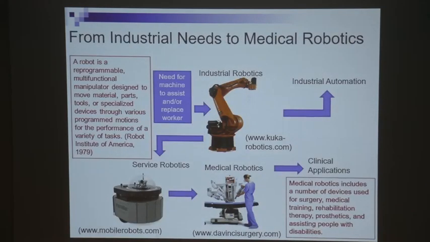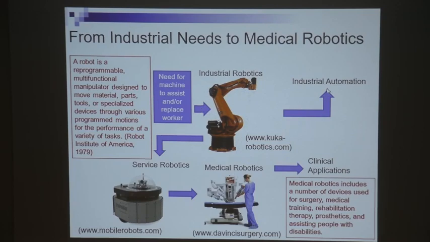What you see here is that there's a shift from industrial need to medical robots. In 1979, there was a definition saying that a robot is a reprogrammable, multifunctional manipulator designed to move material, parts, tools, or specialized devices through various programmed motions for the performance of a variety of tasks. This was a definition by the Robot Institute of America in 1979. This is very much driven by the need for a machine to assist and/or replace workers, which created the industrial robot.